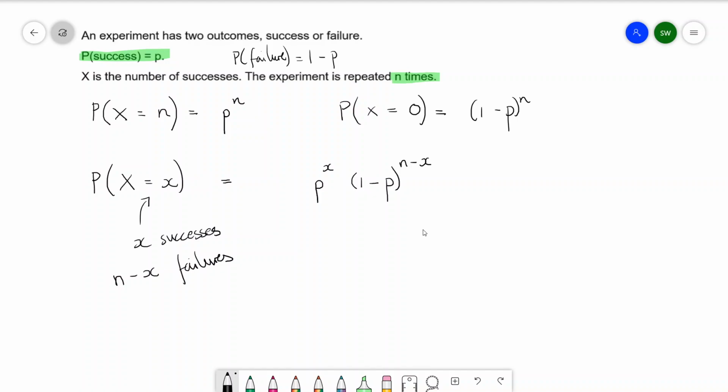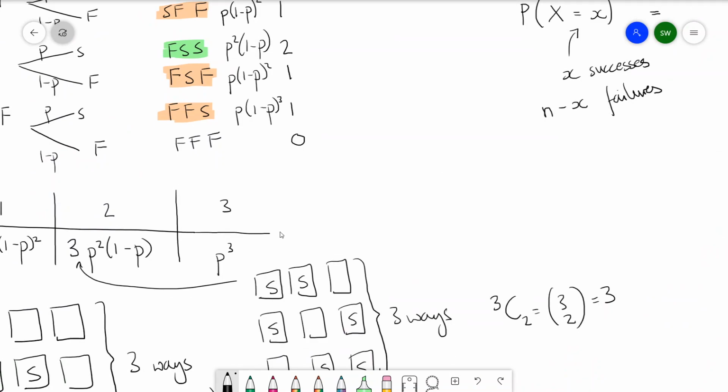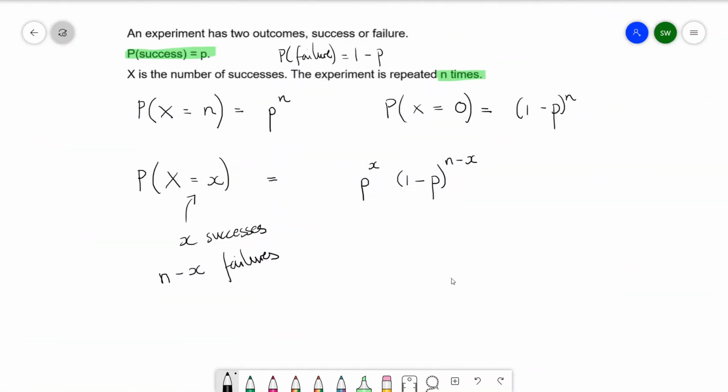And then finally, we've got to think back to this example here. We had a number in front, and that number came about because we need to work out, if you've got n trials, how many different ways are there of having x successes?